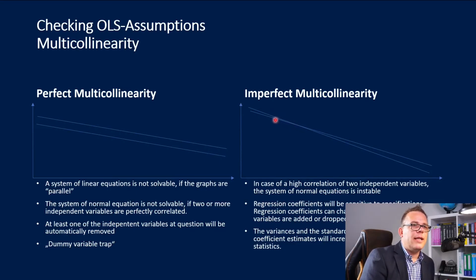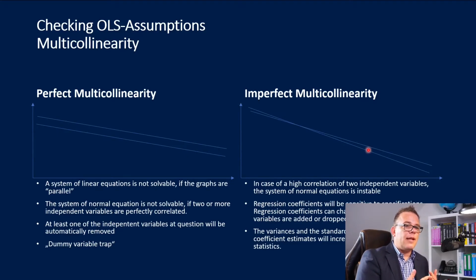So easily, with a little tilt, this intercept will go quite a long distance in this graph. So our results will become very, very unstable, and they can change substantially when variables are added or dropped.